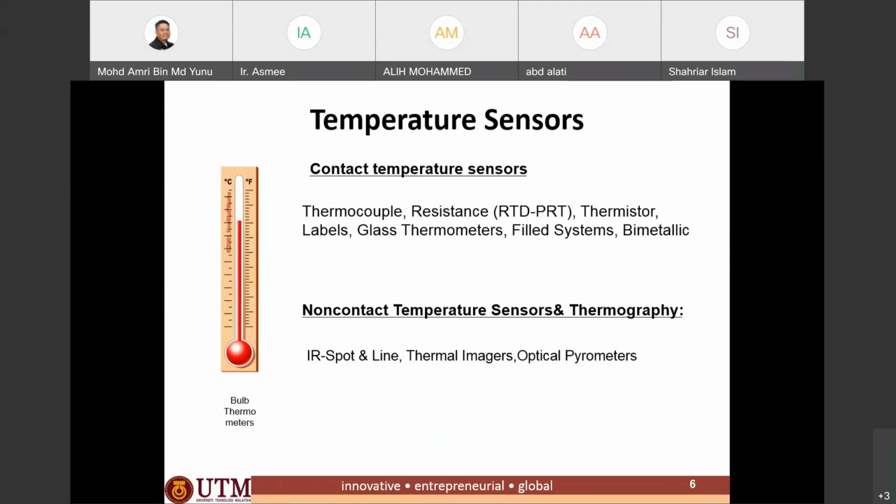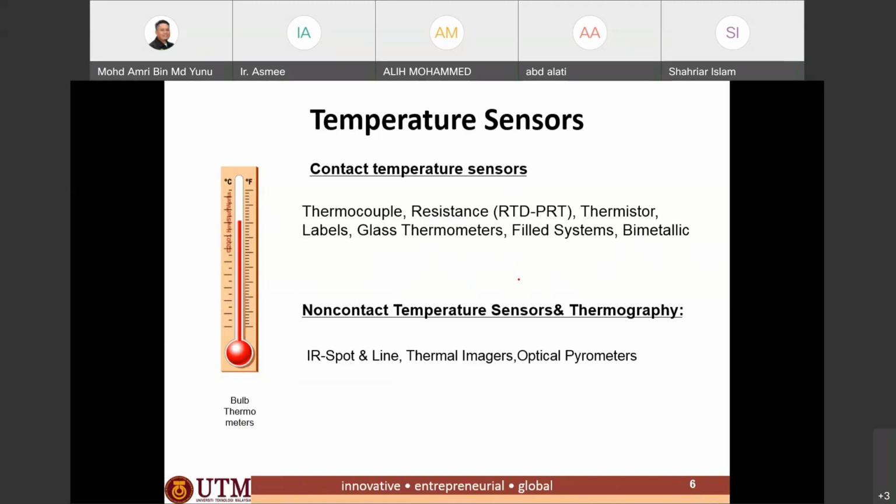Temperature sensors can be classified into contact or non-contact applications. For example, contact temperature sensors include thermocouples, resistance thermal detectors (RTD), thermistors, and glass thermometers, like you can see on the left, based on the level of the liquid which expands proportional to the increase of temperature.